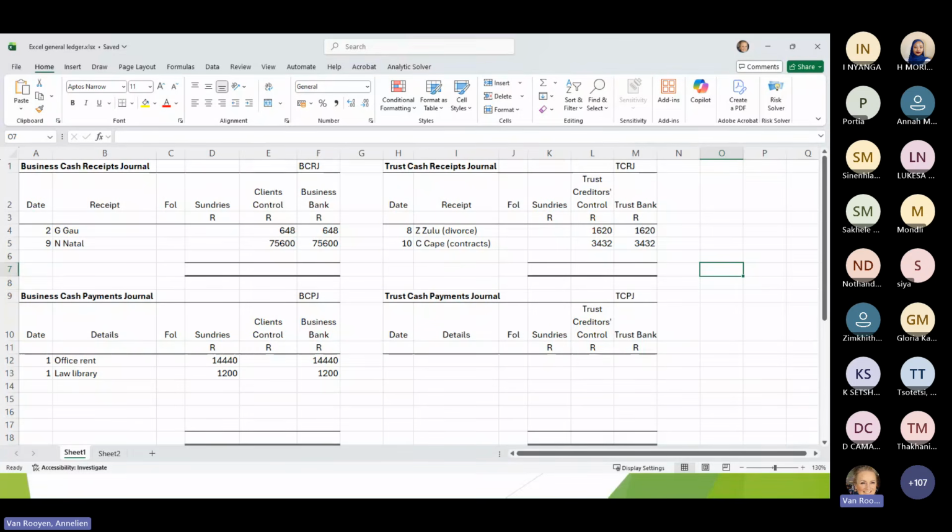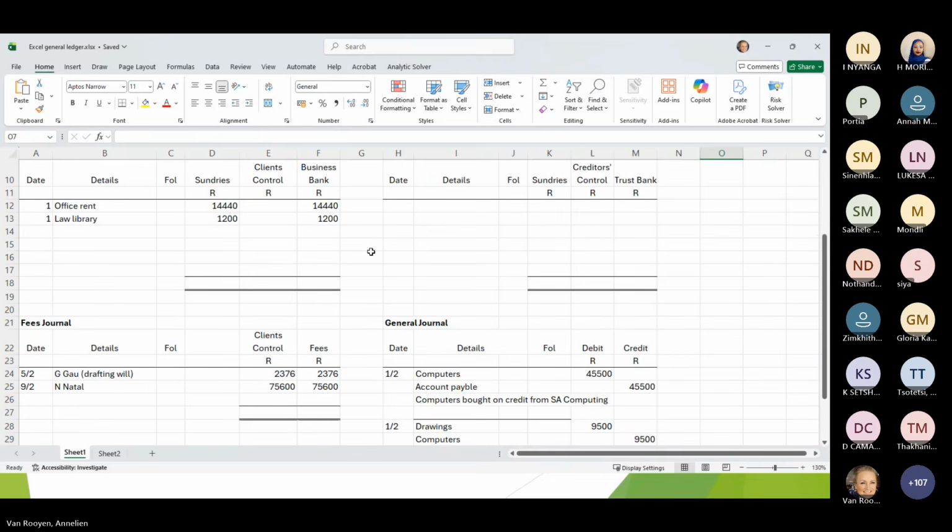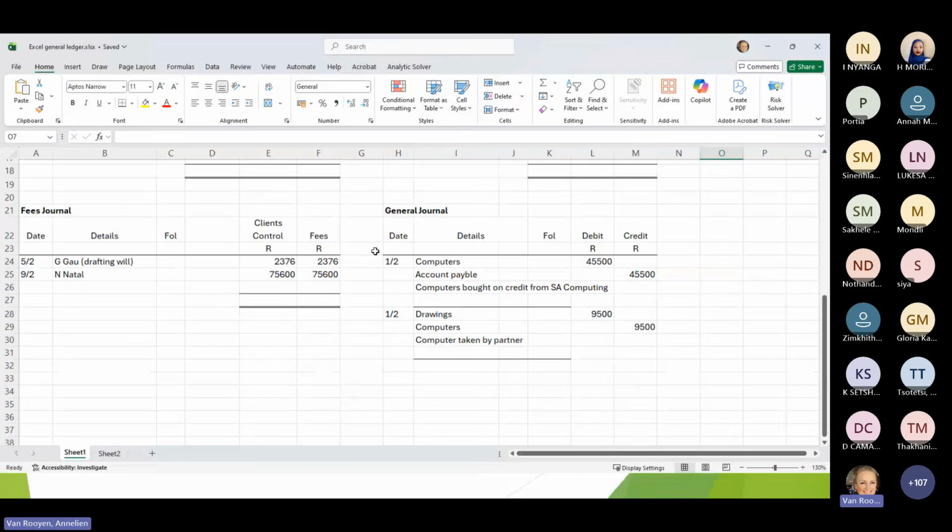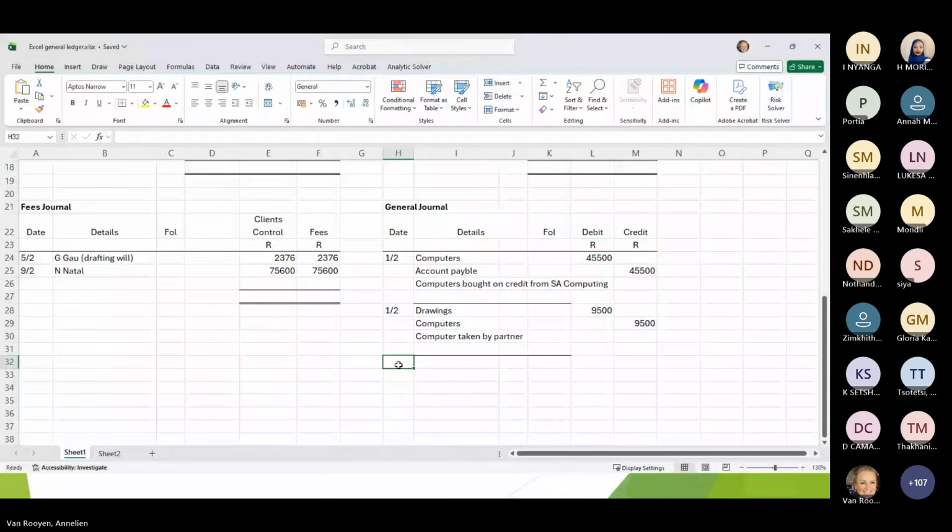Is there any mention of cash? No. So it's the general ledger. Everybody agree on that? Because we receive the account. There's no mention of cash or EFT or whatever.